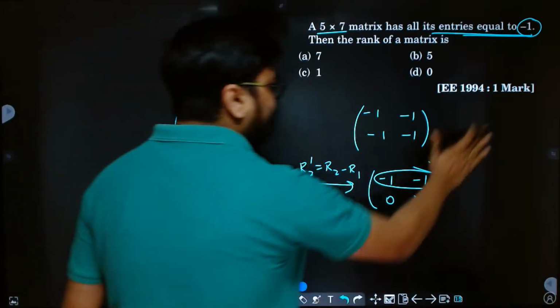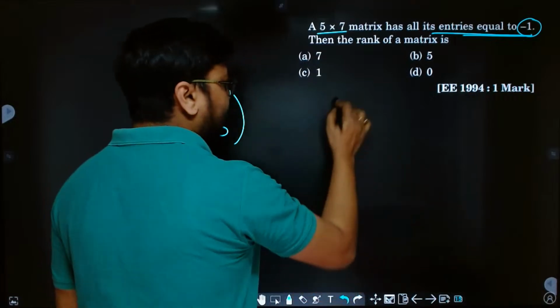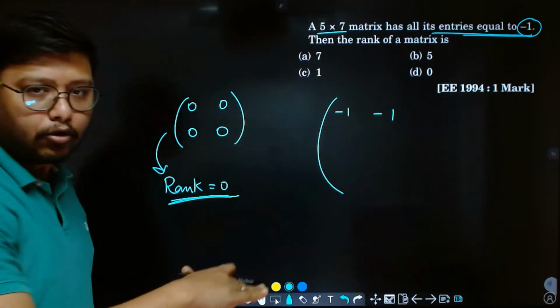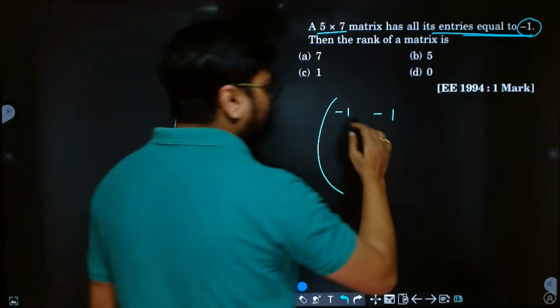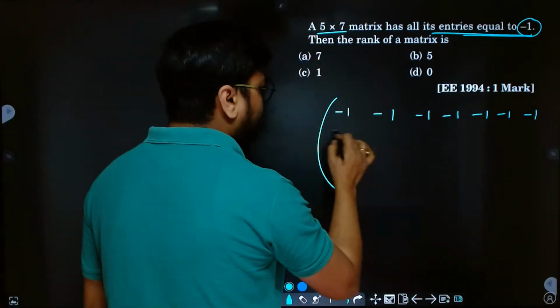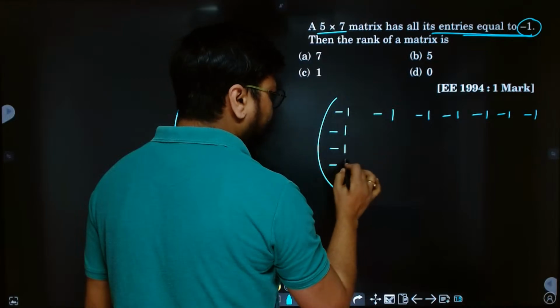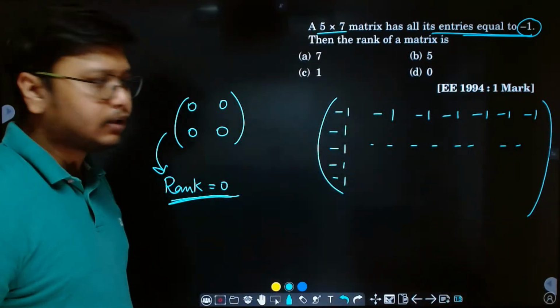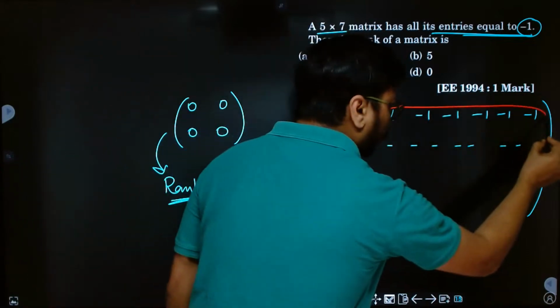Now here the question is saying 5 cross 7. So basically you have 5 rows and 7 columns. So 1, 2, 3, 4, 5, 6, 7, and 1, 2, 3, 4, 5, and so on. You have a matrix where all the elements are -1. So basically this row will be remaining.